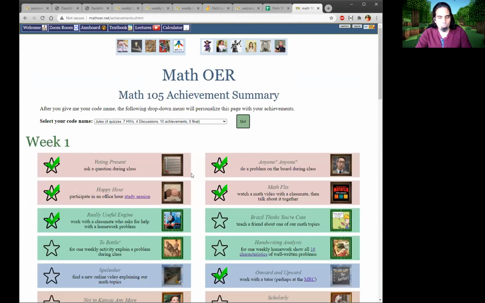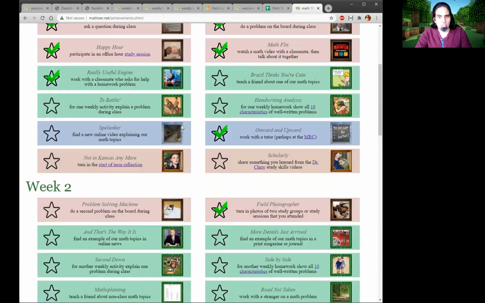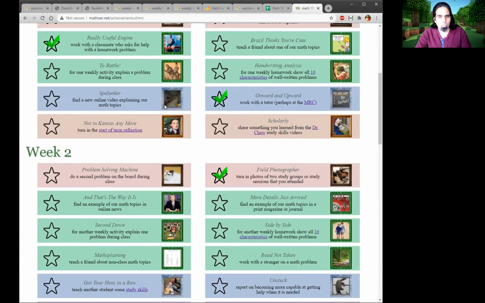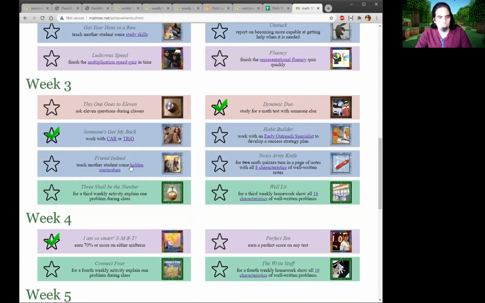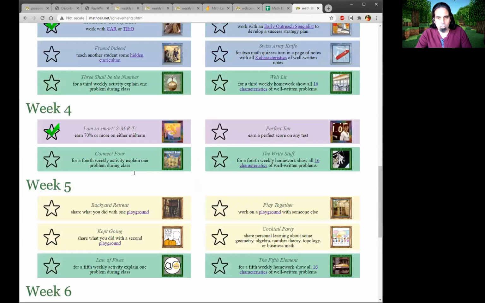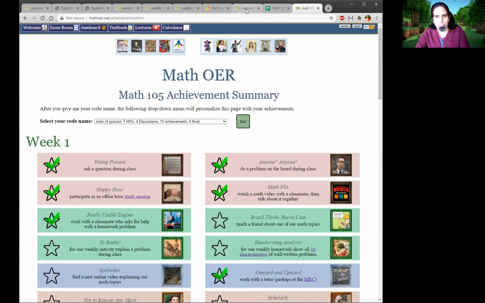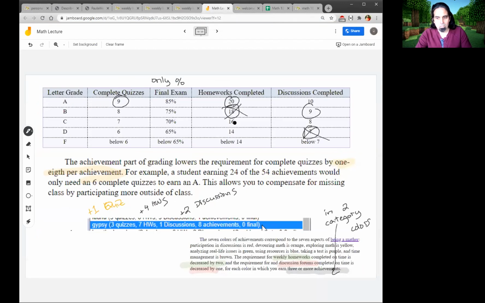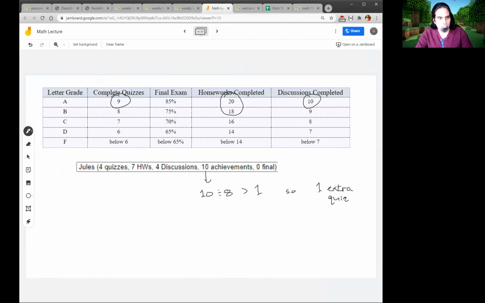She has at least 3 in red. She has 1 in green, 1 in blue. There's another blue. There's a purple. Okay, so only 1 color does she at this point have 3 in. Also, 1 color has 3 or more achievements.